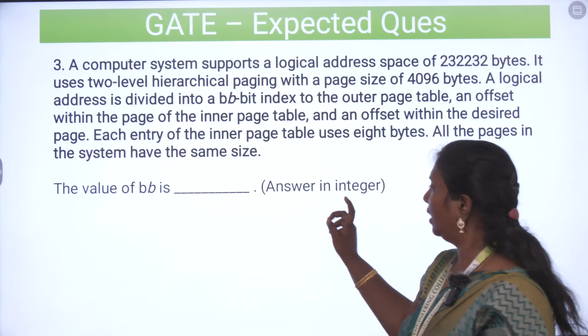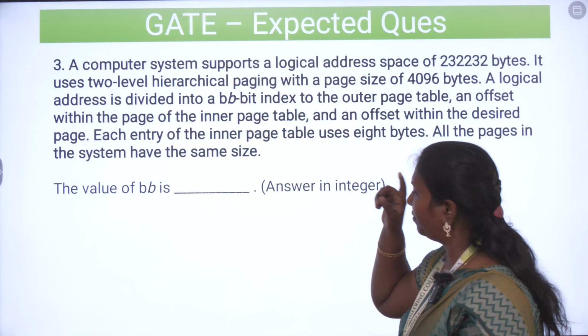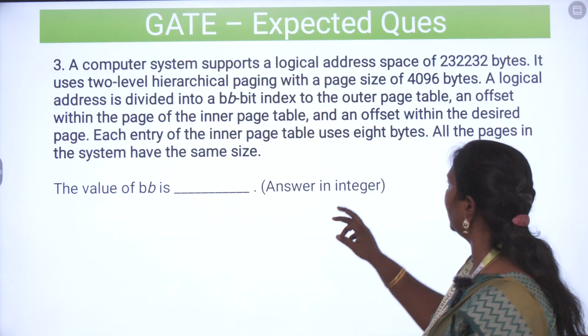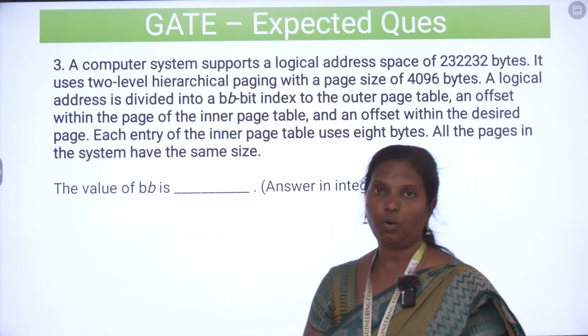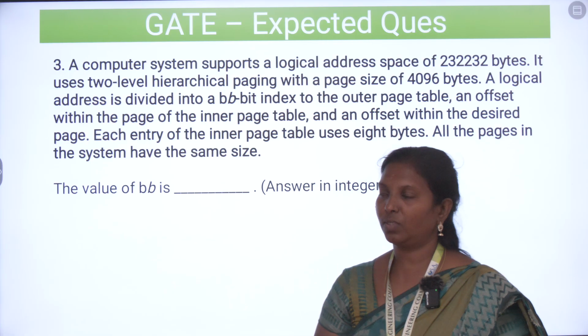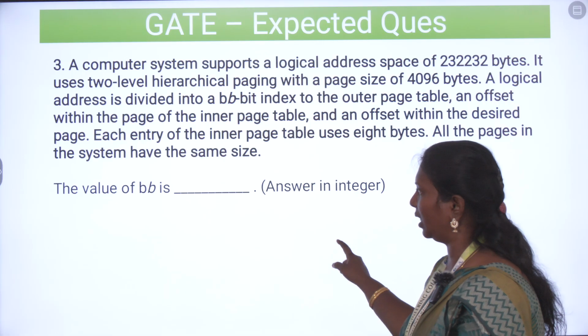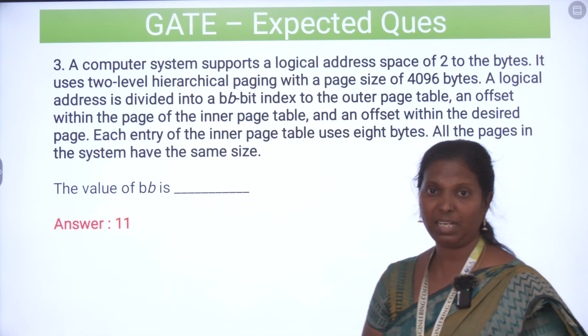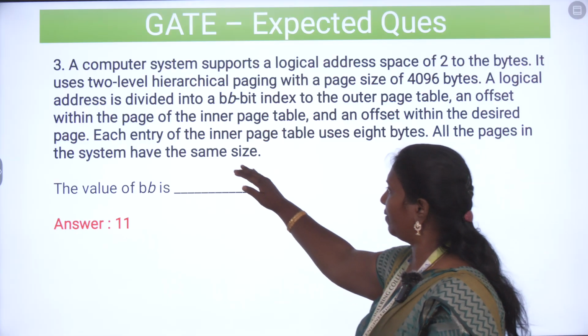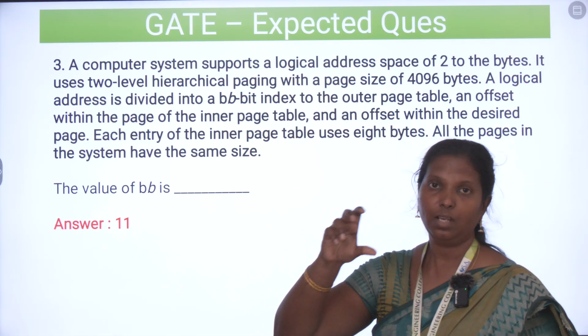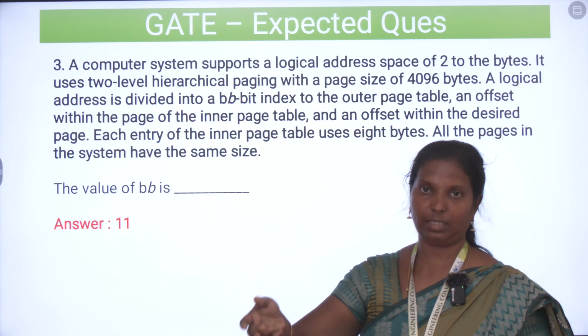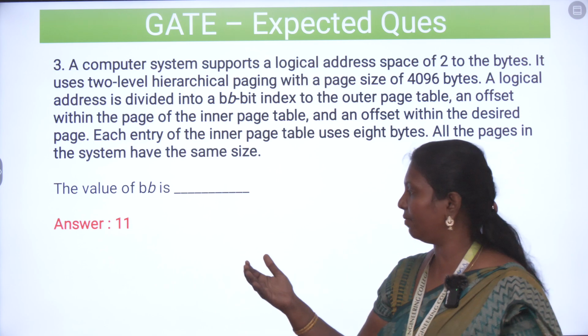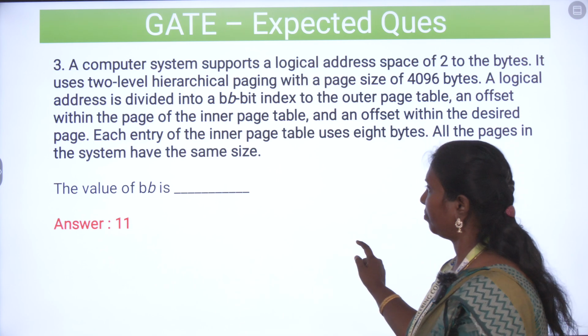They gave a hint, and the answer is the first B bits of the index, calculated from 2 to the power 32 out of 4096 bytes. After calculation the answer will be 11. Here we have the same size of paging, so if I apply that to the entire scenario, we get the answer 11.